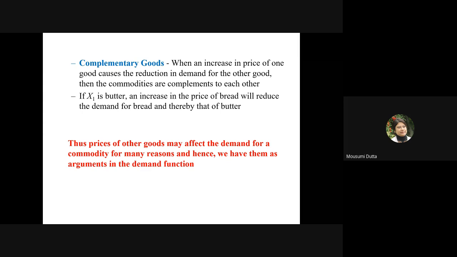So if you consider totally unrelated commodities and try to establish some correlation among these purchases, these are nothing but spurious correlations. These are not real correlations, these are spurious correlations, okay? So it is not that there should be substitutes for all commodities or complements for all commodities. It may happen that commodities in your basket are totally unrelated to each other.